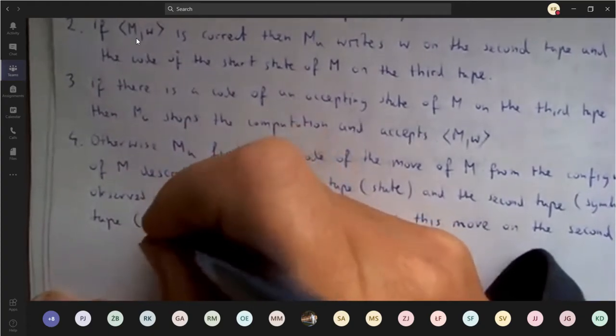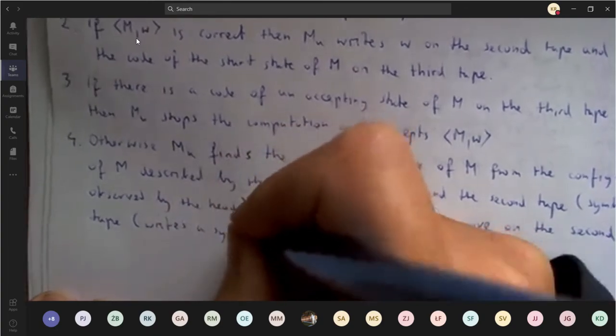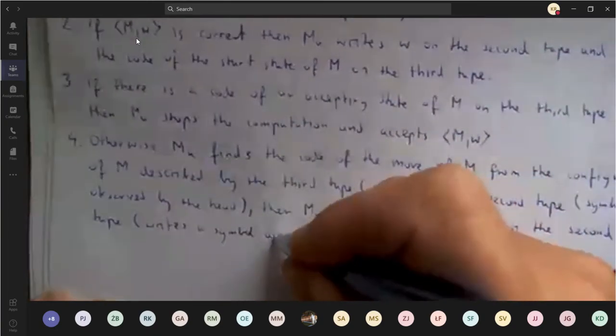So it writes a symbol and moves the head.